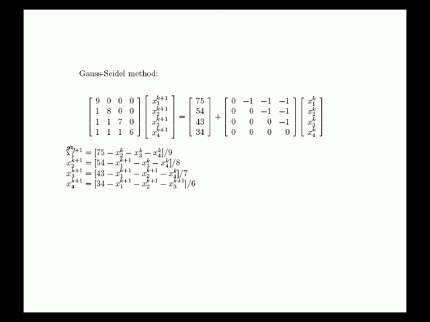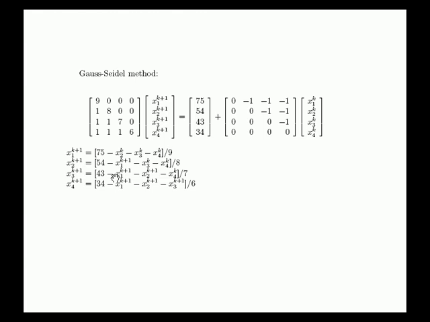After you calculate new x1, you already know that. After you've calculated new x2, you know both of these. After you've calculated new x1, x2, x3, you know all of these. So there's nothing unknown on the right-hand side, but it's equivalent to leaving everything on the left-hand side and then solving for x1, x2, x3, x4, and taking all the other k plus 1s on the other side. Anyway, this is equivalent to this.